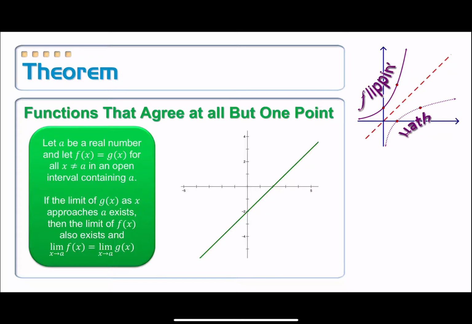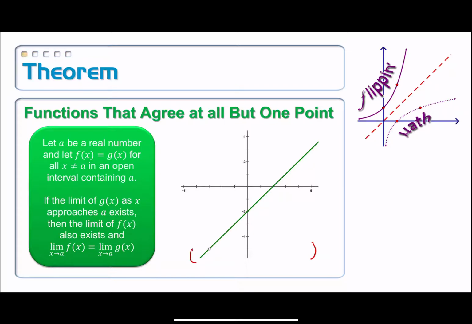It does say in an open interval containing a. Remember, open intervals are the ones that don't contain the endpoints. And an open interval that contains our a value, our hole basically, could be something like from -5 to +5. But really, for this one, it's from -infinity to +infinity, because those two graphs are identical everywhere except for at the hole.